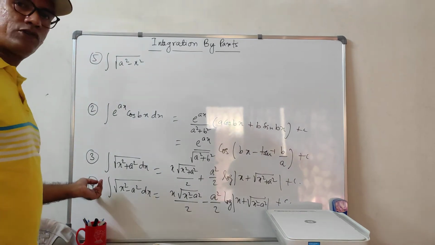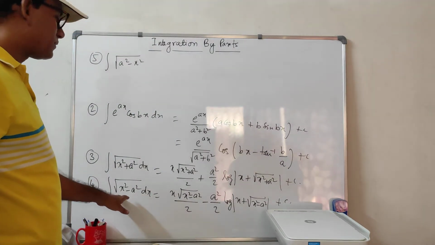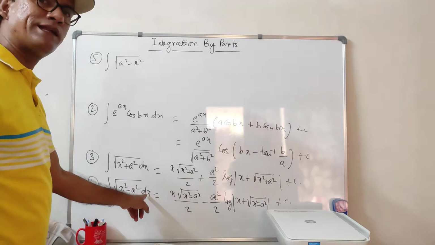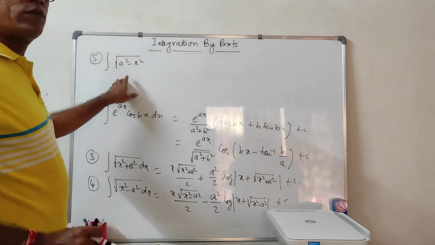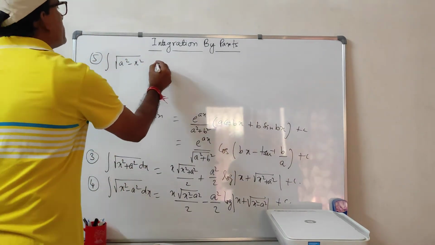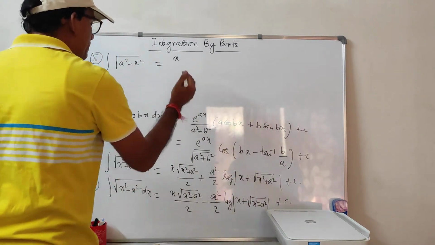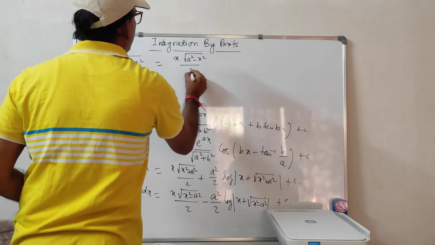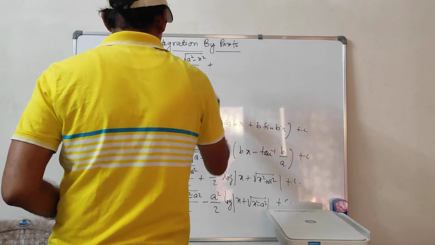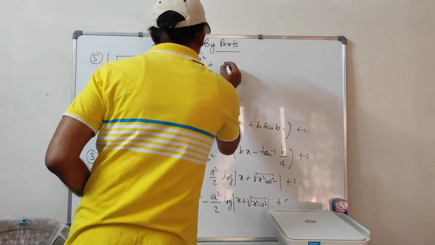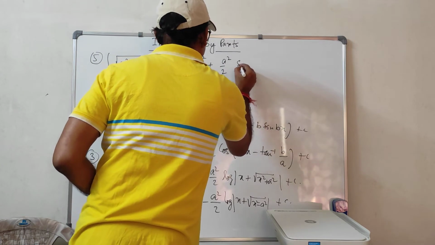Here in formula number 4, the integral was root over of x square minus a square. Here the integral is root over of a square minus x square. So let's see what is the result. The first term is same, x root over of a square minus x square by 2 plus, the last term, a square by 2 sine inverse.